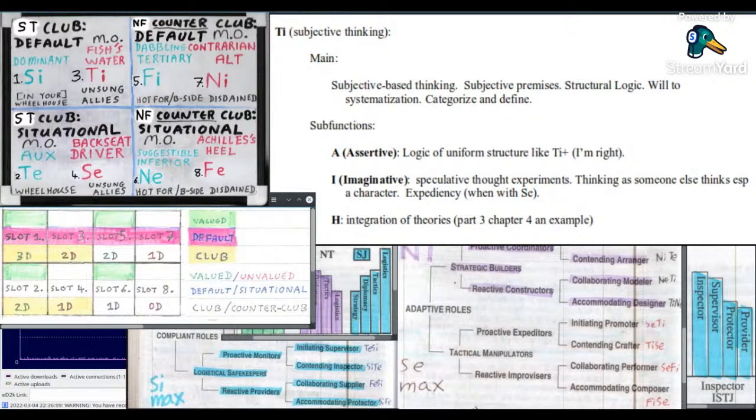So there you've got an ISTJ thinking for itself, but it still wants to go with the authorized system. It's looking towards the authority, but it wishes to improve the authority. They believe in the system. ISTJs, whatever organization they're in, they believe in it and they want it to work better.